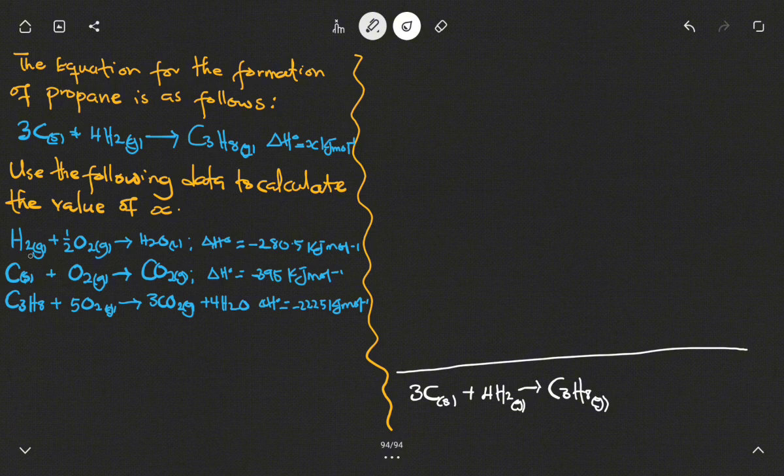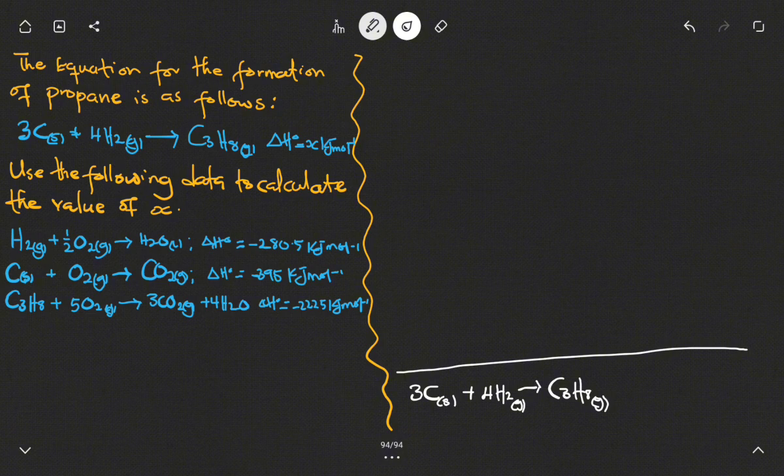Now we have the first one, we have hydrogen gas with half mole of oxygen giving us H2O. Now we need this hydrogen at the reactant side just as we have here. So we need the hydrogen at the reactant side.